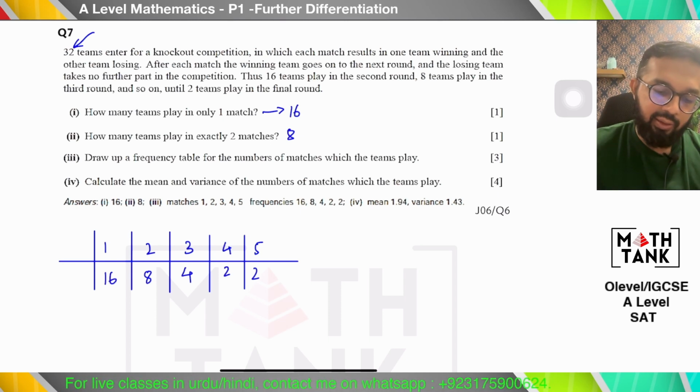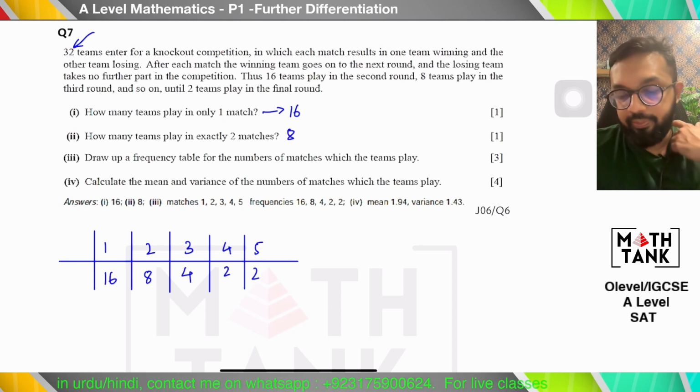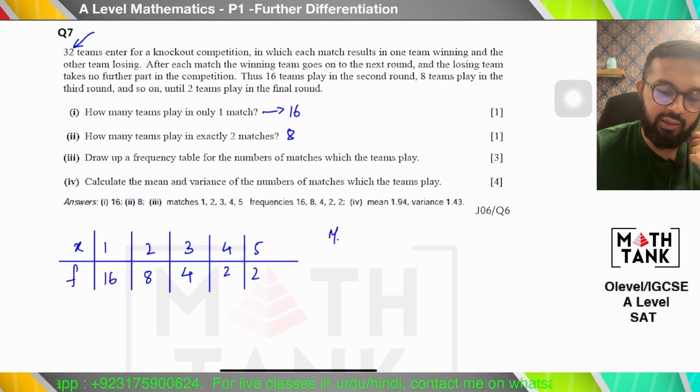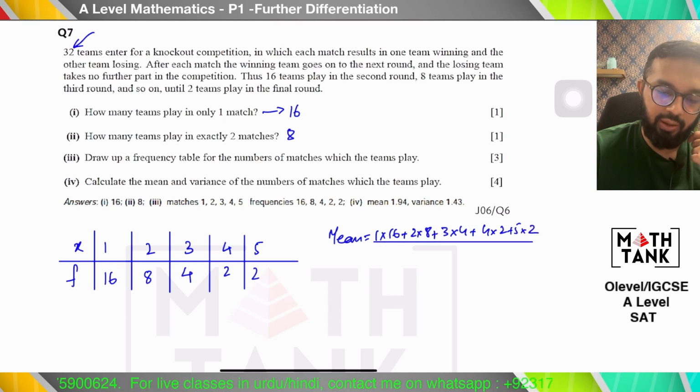Calculate the mean and variance of the number of matches which the team plays. So the mean is easy then. It's 1 times 16 plus 2 times 8 plus 3 times 4 plus 4 times 2 plus 5 times 2, divided by 32, I think.